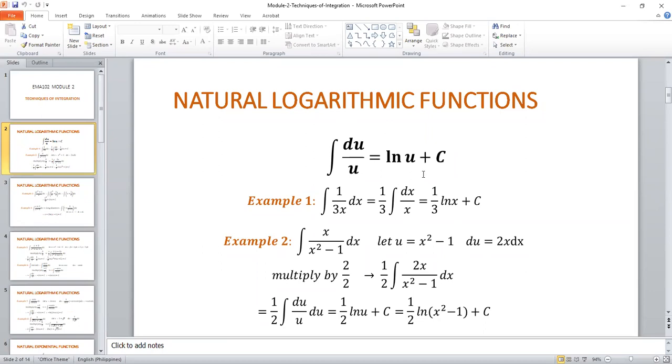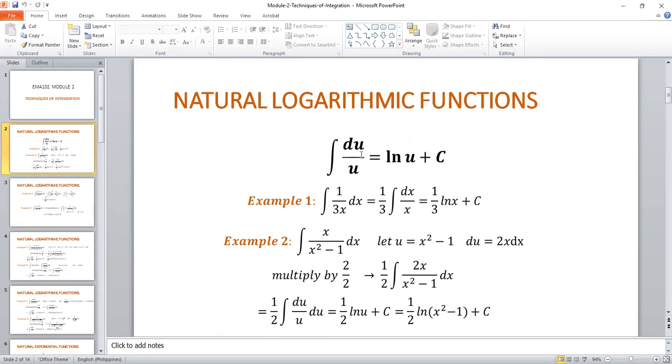What is the derivative of ln u? As you have learned last semester, the derivative of ln u is du over u. So that is why we say that integration and differentiation are two inverse functions of each other.